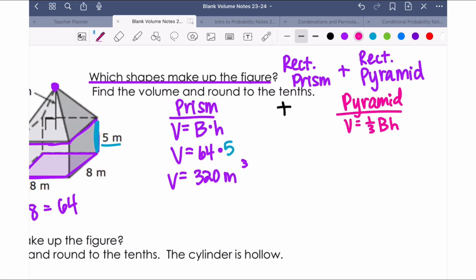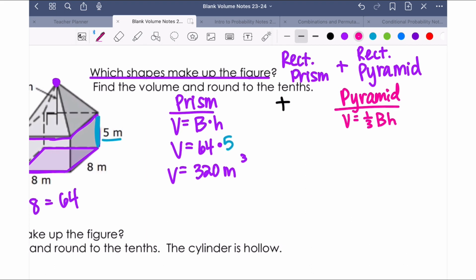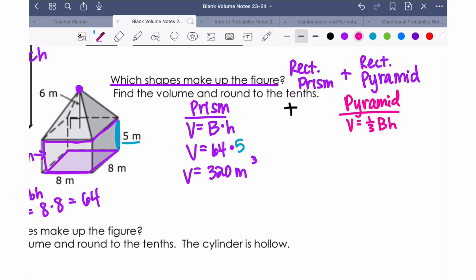Okay. So now we already have the area of the base. It's the same. The base of this pyramid is the same as this one. So what is it? 64. It's the same. So 1/3 times 64. What is this height though?